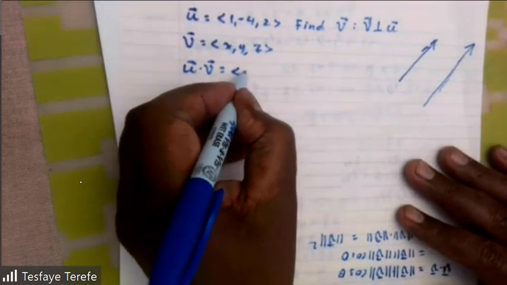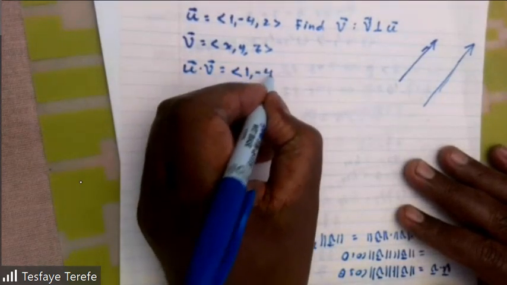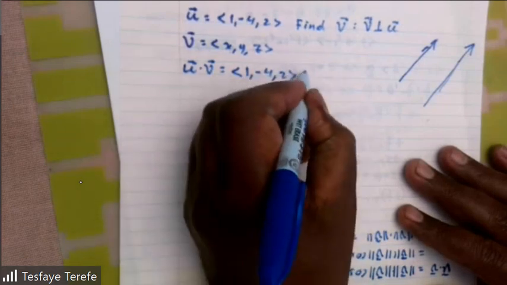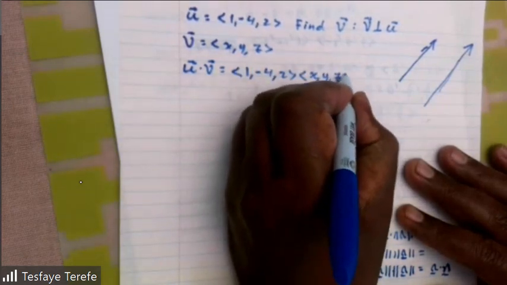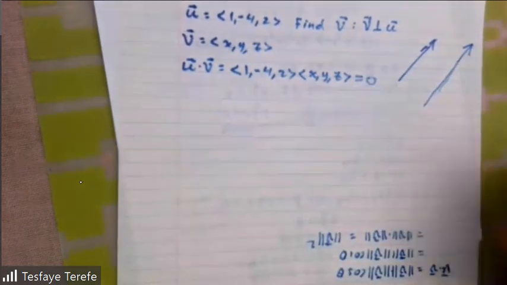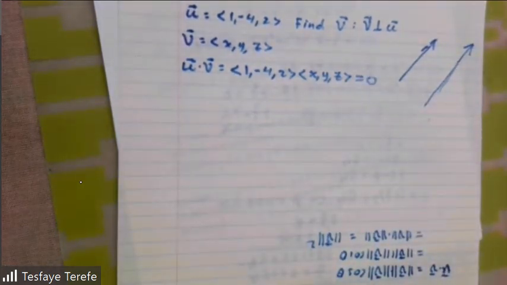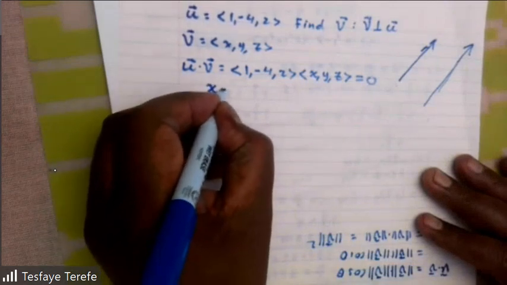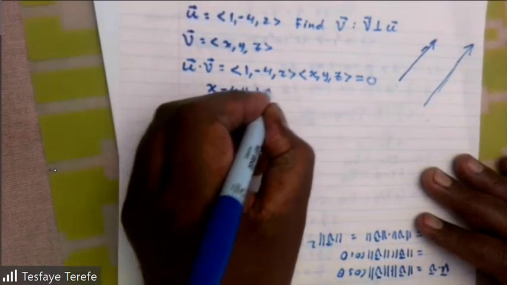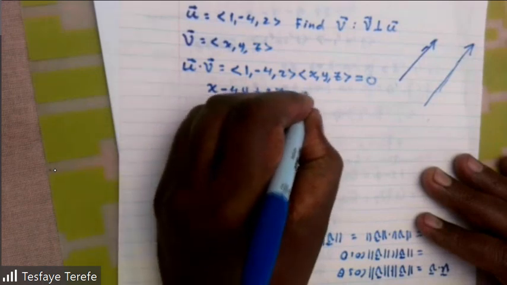The dot product of the first vector with the second vector has to give us what? 0. Make sense, guys? So far? If two vectors are orthogonal, their dot product is going to be 0. Then as a result, what do I have? Well, x minus 4y plus 2z is going to be 0.